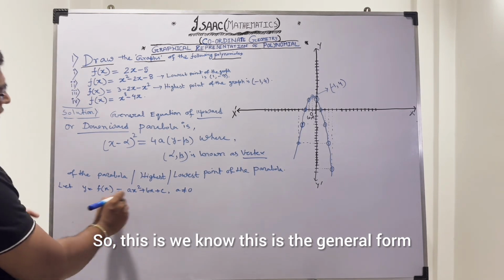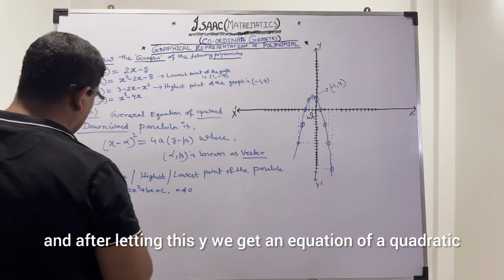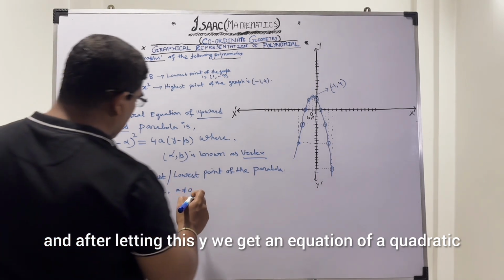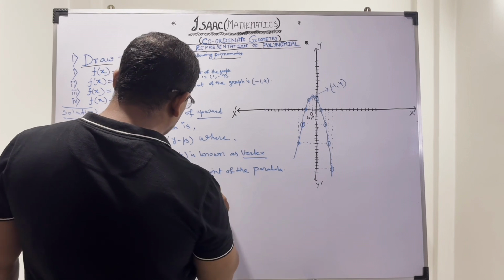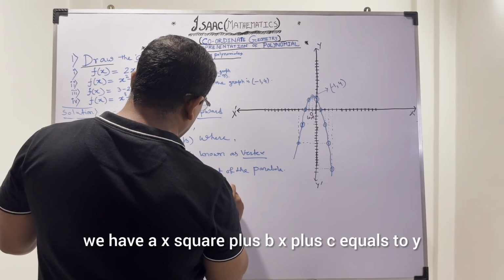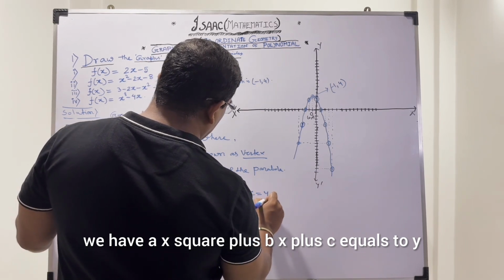We know this is the general form of a quadratic polynomial, and after letting this y, we get an equation of a quadratic form. So therefore, we have ax square plus bx plus c equals to y.